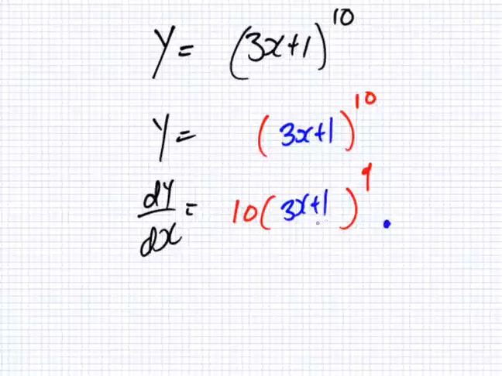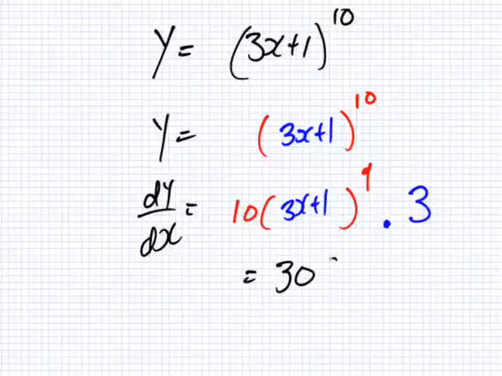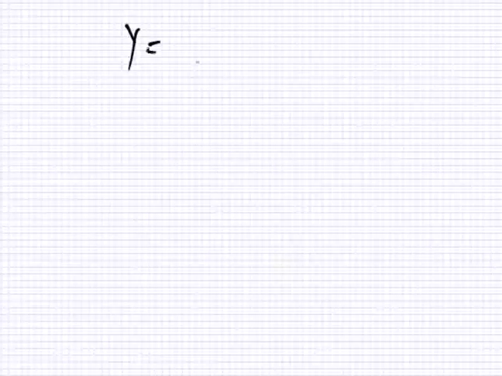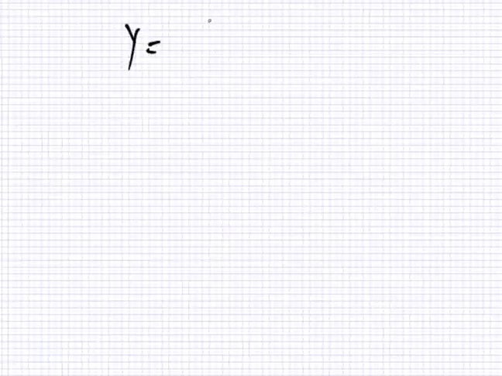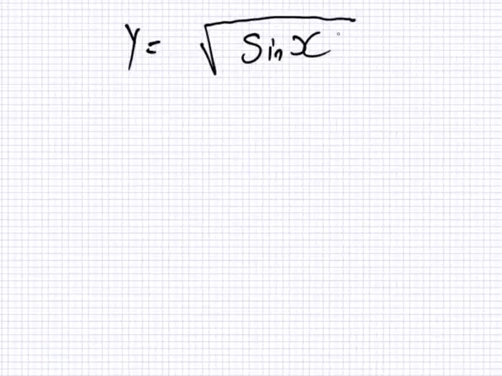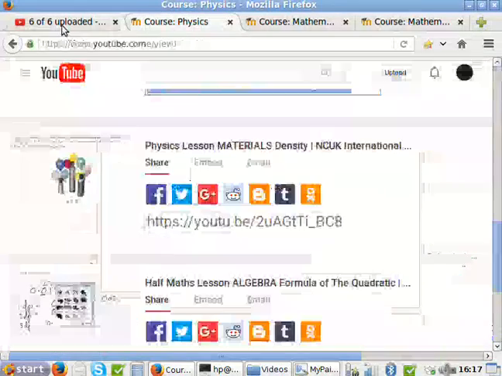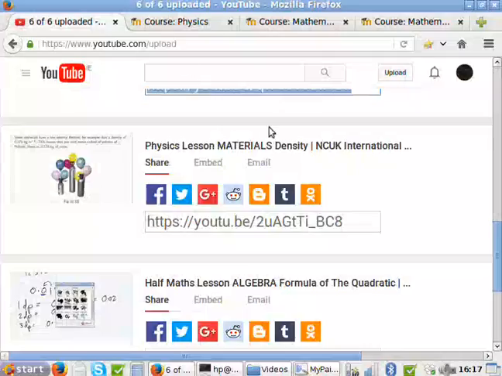The quick way of doing this is you differentiate the outside function. What's the derivative of a sine function? Cos. So this becomes cos of x squared plus 1. Then, after you differentiate the outside, you multiply by the derivative of the inside. So what's the derivative of the blue part? 2x.